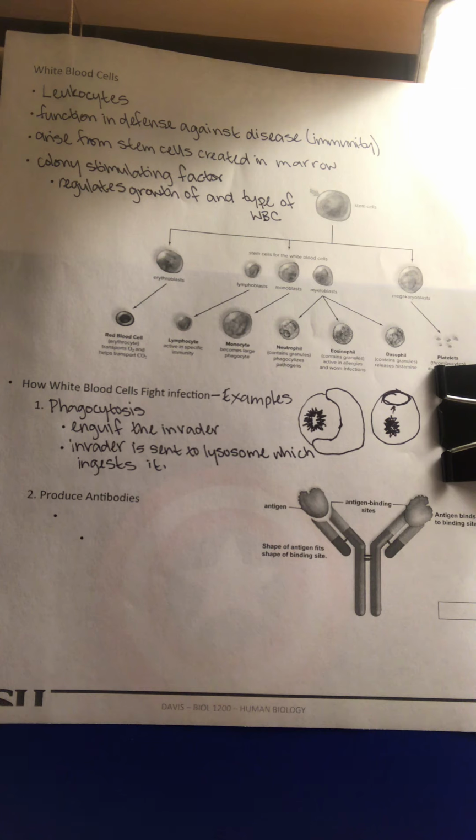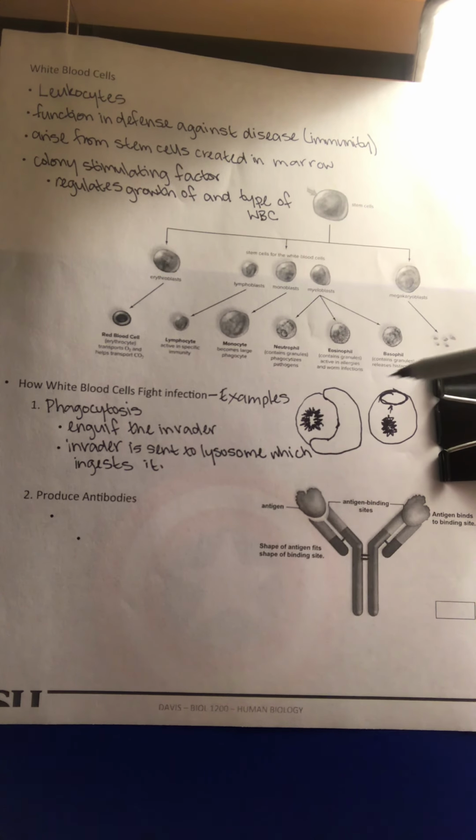Before I dive into antibodies, I want to talk about what happens after a pathogen, an invader, is destroyed by a lysosome inside of a phagocytic white blood cell. The lysosome breaks this down, takes it apart, and takes the identifying characteristic, which is usually a protein complex or a sugar complex.